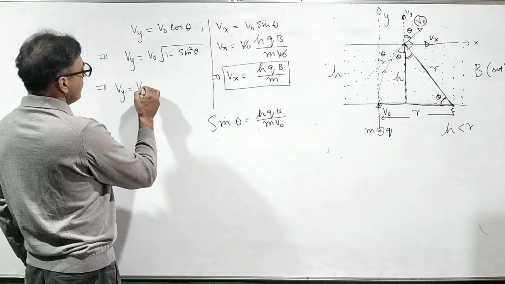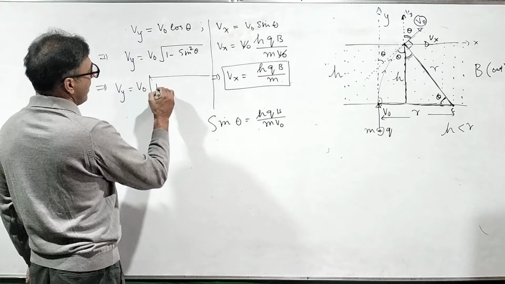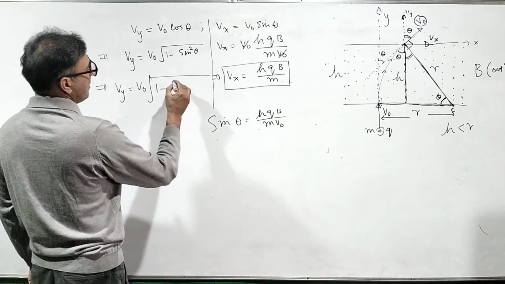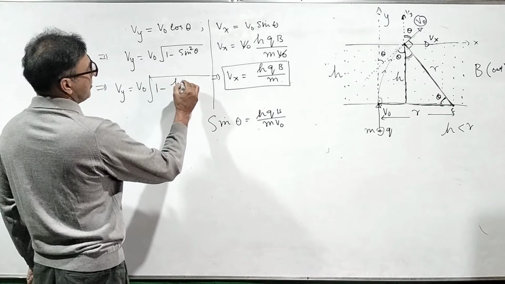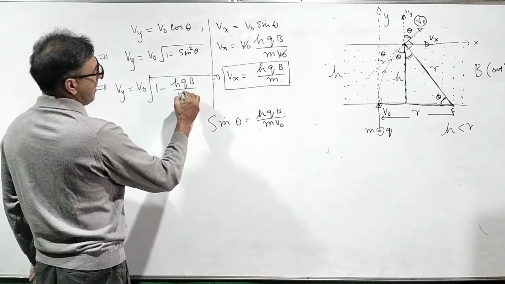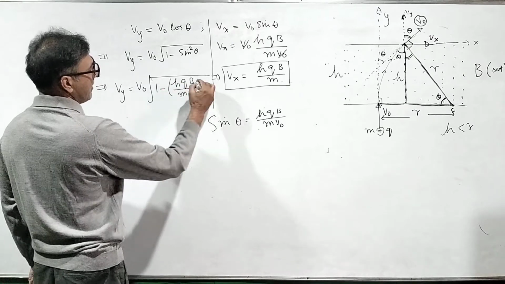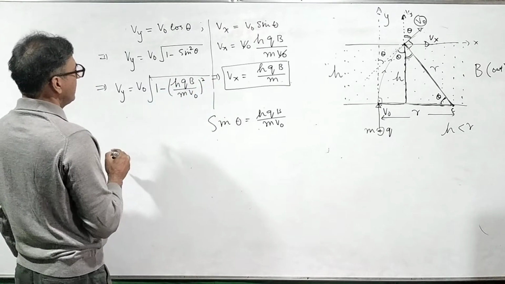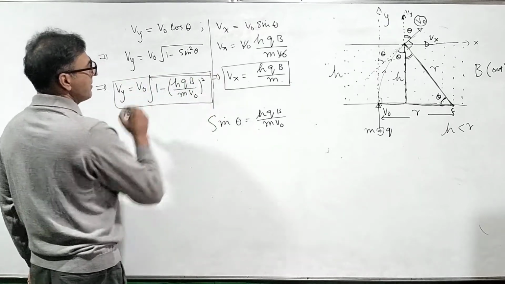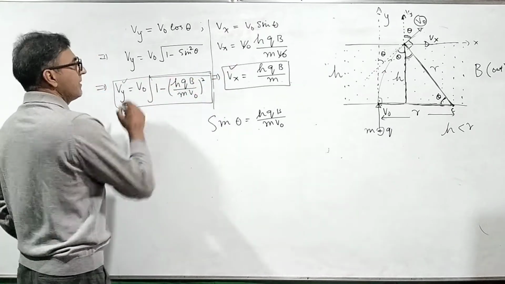It is v0 root of 1 minus sine square theta, so you have to square this one: h qB by mv0, squared. Let this be the answer. Finished. So you have Vx and you have Vy.